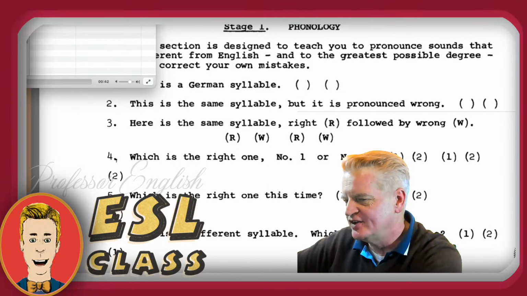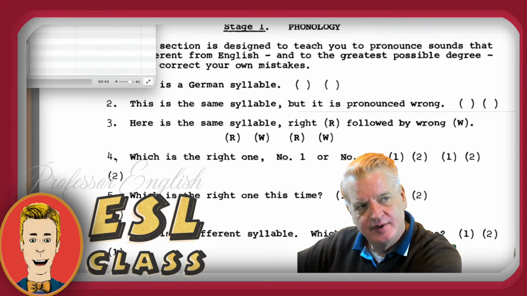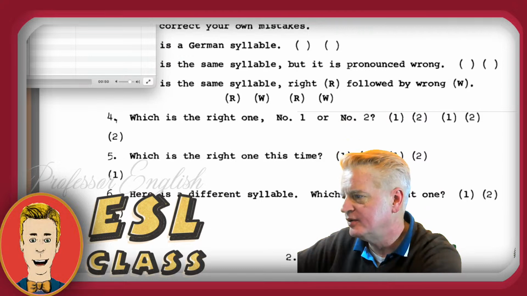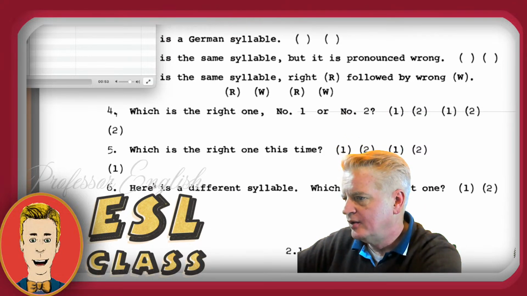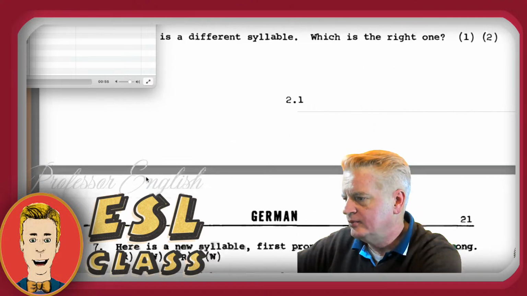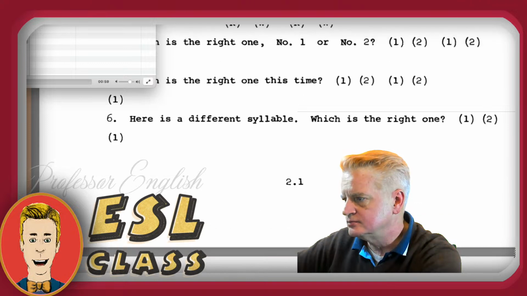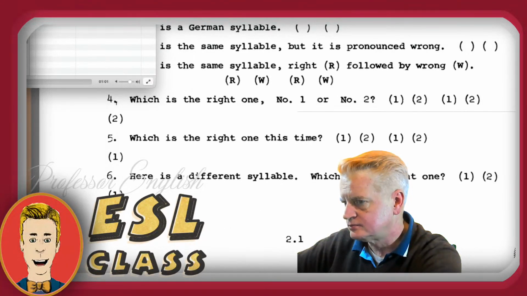Which is the right one this time? Number 1. V. Number 2. V. 6. Ni, Knee.